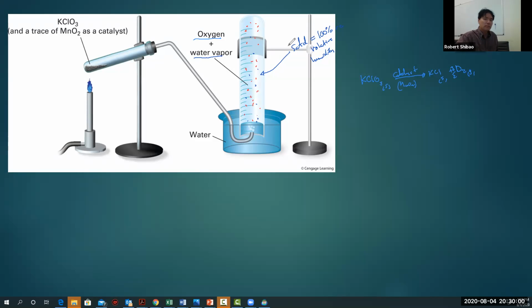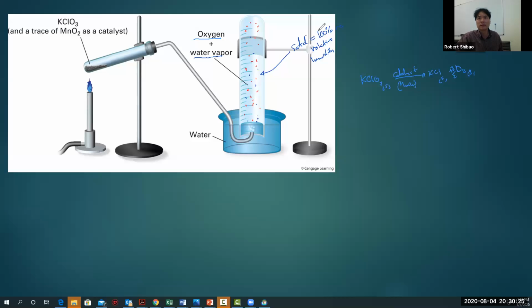But in a case like this, this is a test tube and the gas is being bubbled. As the oxygen is being bubbled through the water, the oxygen gas is going to pick up humidity and it's going to get saturated. If you were stuck inside this tube, it'd be pretty uncomfortable because it'd just be too humid.